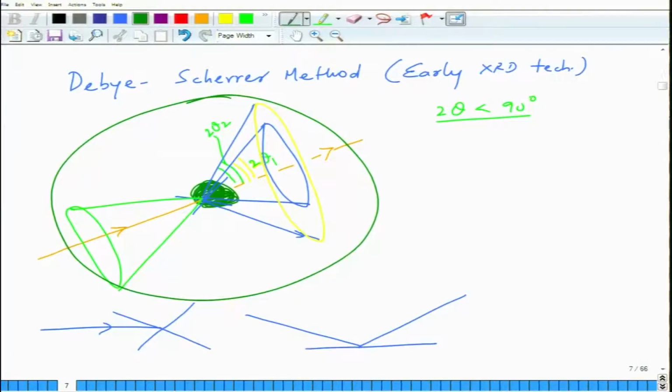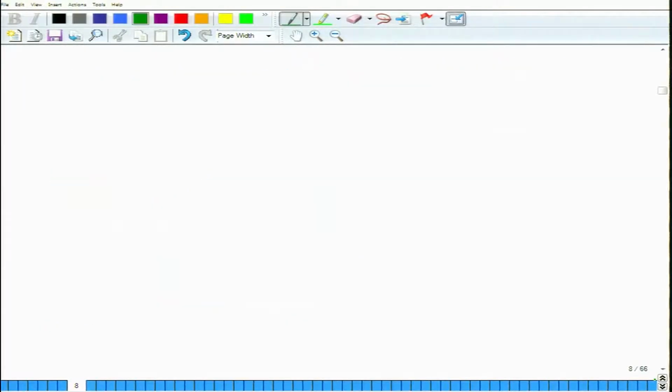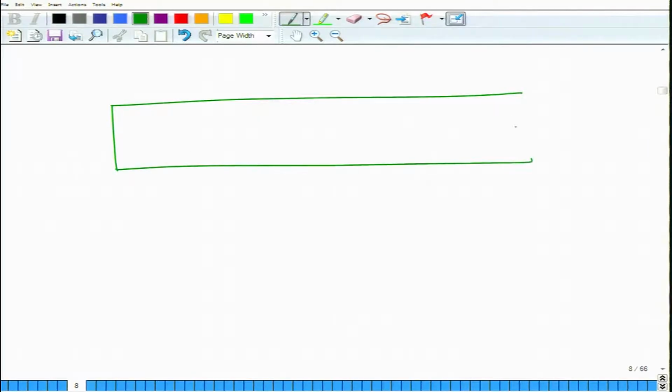So basically, if you open up this film, the film will be like this. This is your film. This is your incident beam, this is your diffracted beam. The first cone, with the lowest 2 theta, will intercept like this. The second one will intercept like this.